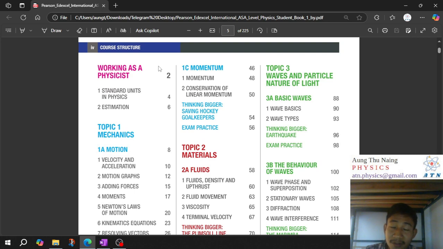Physics is the subject in which we study energy, matter, and natural phenomena. If we study energy and matter, we must measure something. Every matter has features that we can measure.